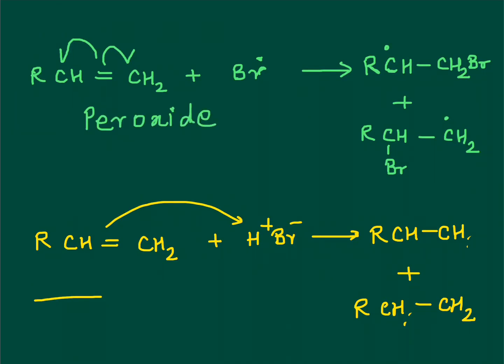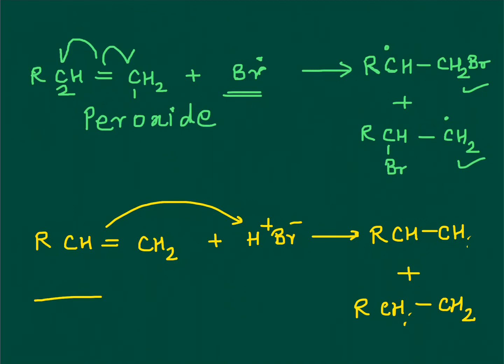So in the presence of a peroxide, the first attack is taking place by a free radical, the bromide free radical. Bromide can either attach to the carbon number 2 or it can attach to carbon number 1, giving us two intermediates over here, which are again free radicals.